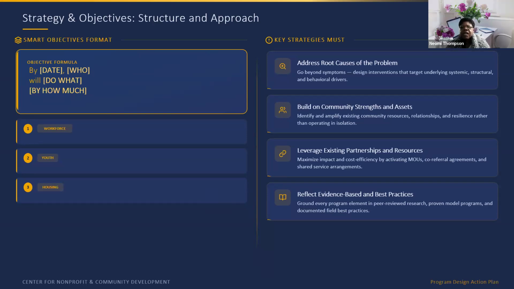by activating MOUs. What is an MOU? It's a memorandum of understanding. Remember you talked earlier about the partner who wants to do a partnership with you? Well, to make that partnership legal, you have to do what's known as a memorandum of understanding.